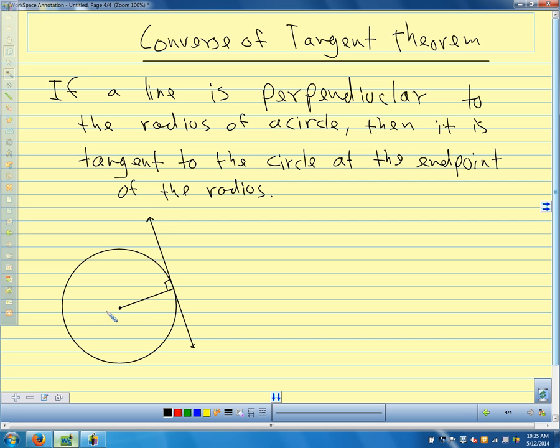I'm going to call this O and P, and A and B. So we're saying that line AB is perpendicular to segment OP.